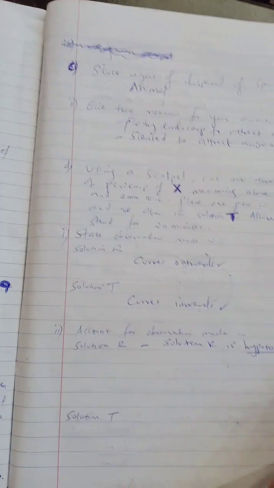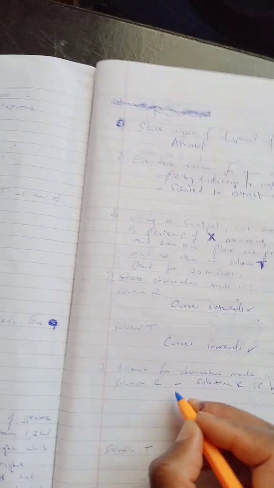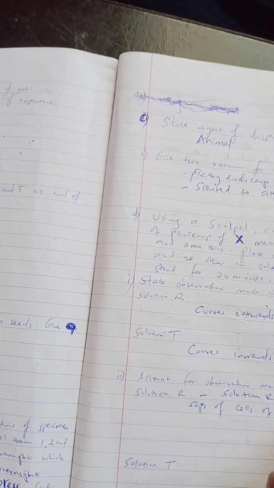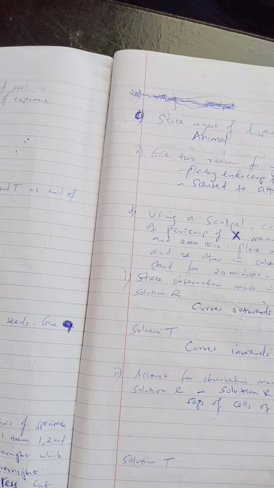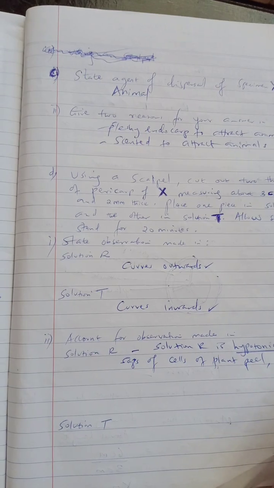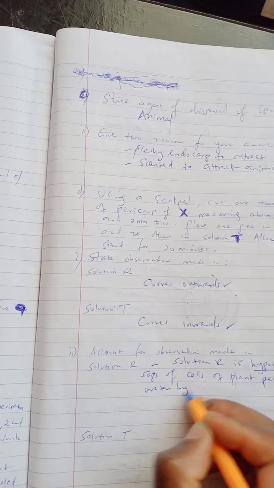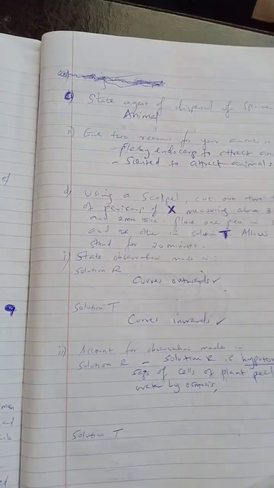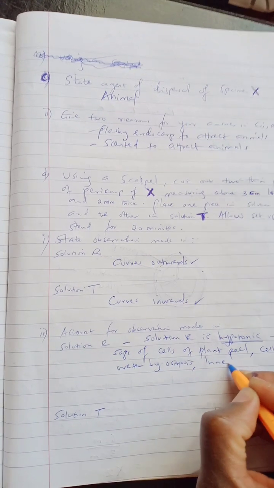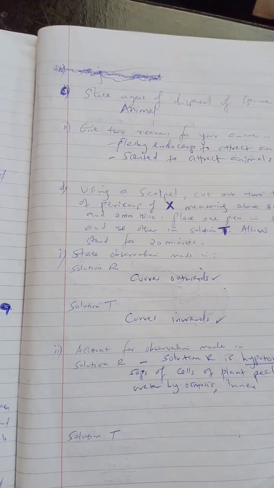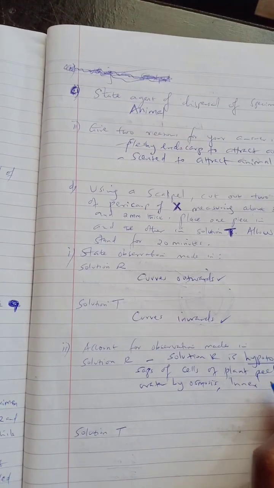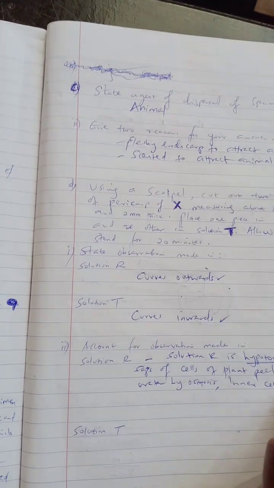Hypotonic to the cell surface of the cells of the plant peel. And then what happens next? The cells gain water by osmosis. And then the last part: the inner cells. Remember, it is a peel. You have the epicarp and the mesocarp. So the mesocarp is the inner cells, and the epicarp refers to the outer cells. So inner cells or mesocarp cells.